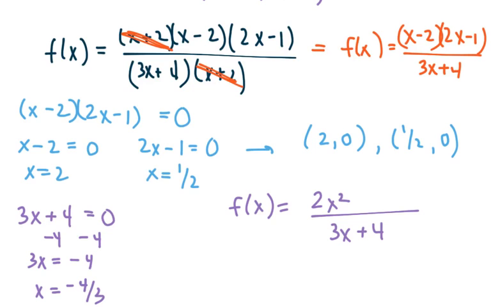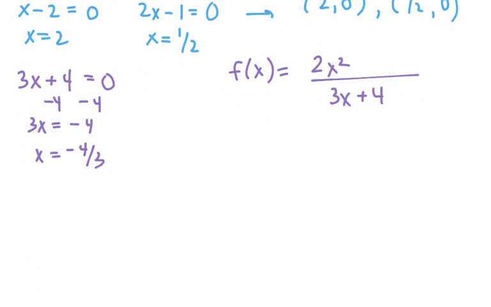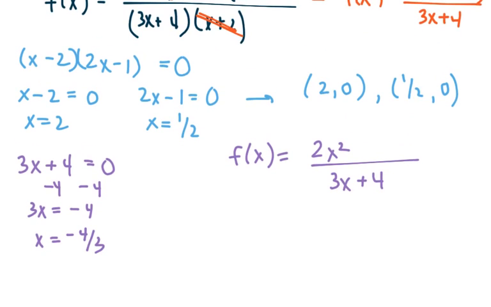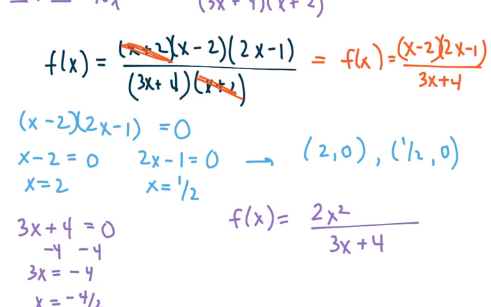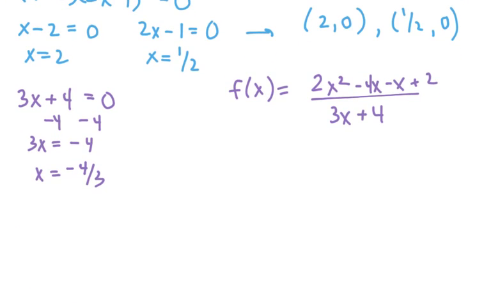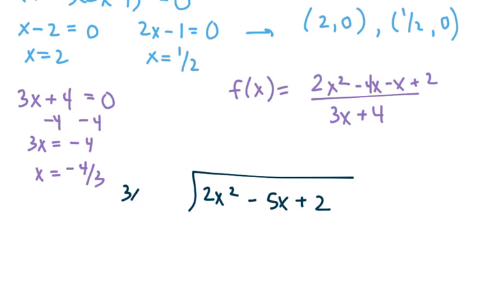So because 2 is greater than 1 by a single degree, this is going to have an oblique asymptote, which means that we do need to do polynomial long division, and we do need to multiply this back out so that we know what to put on our polynomial long division. So 2x squared minus 4x minus x plus 2. So our polynomial long division is going to be 2x squared minus 5x plus 2, over 3x plus 4.